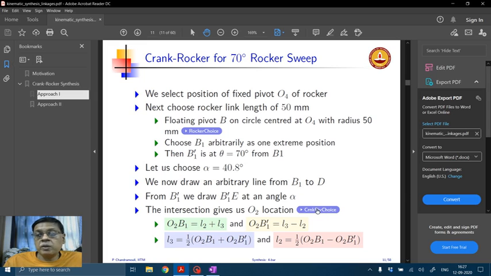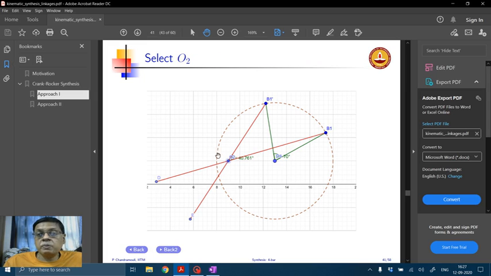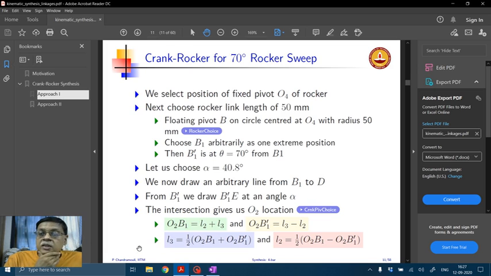Now if I go back and look at O2B1, it is longer, so that represents L2 plus L3, and O2B1 prime represents L3 minus L2, because remember the crank is the smallest of these links. So now I have the design complete. The coupler length is simply 1/2 of O2B1 plus O2B1 prime, and the crank length is of course 1/2 of O2B1 minus O2B1 prime. Lo and behold, we have a design now.